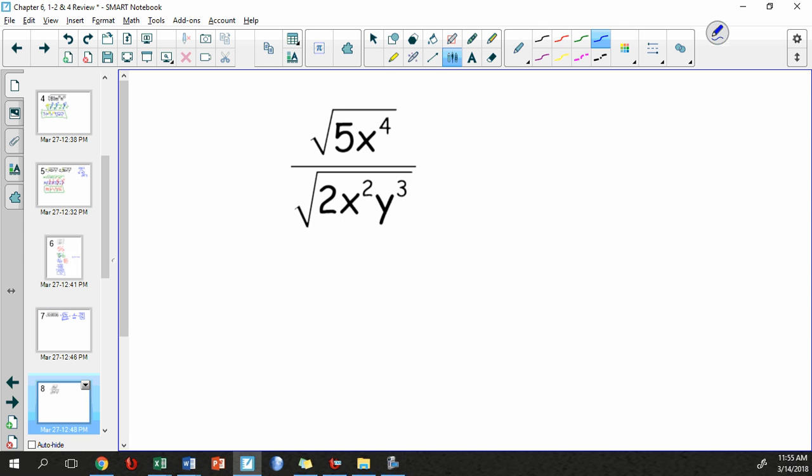This is another rationalizing problem. There's several ways to do this problem, several.